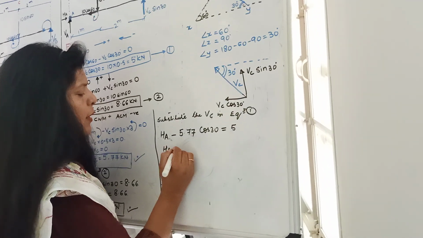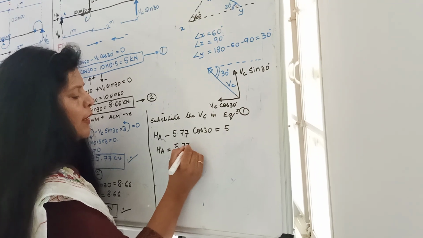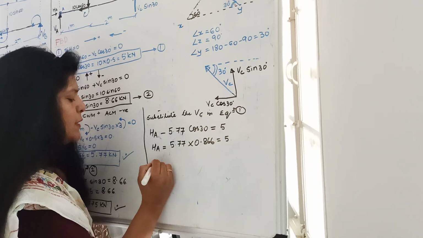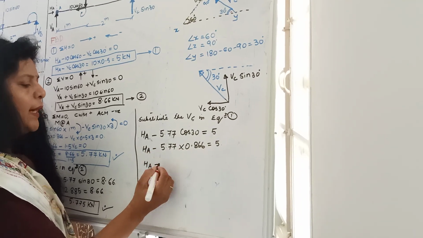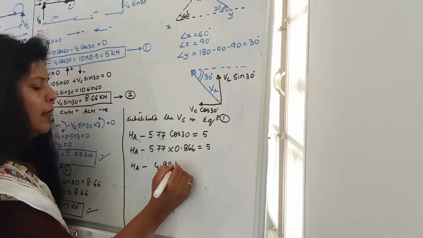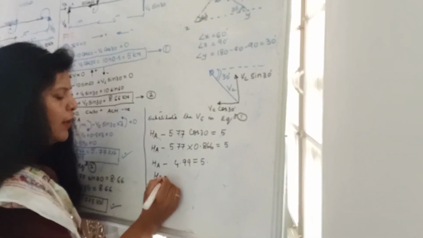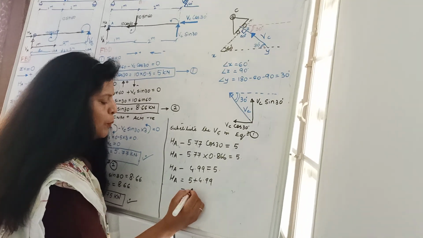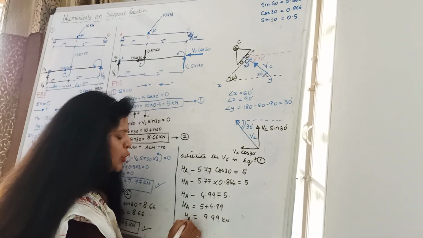What is cos 30? 0.866. So 5.77 into 0.866, Pulkit, please give me the answer. 4.99. So HA minus 4.99 is equal to 5, so HA is 5 plus 4.99, that comes out to be 9.99 kilonewtons. This is HA.